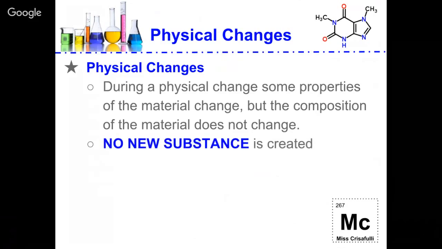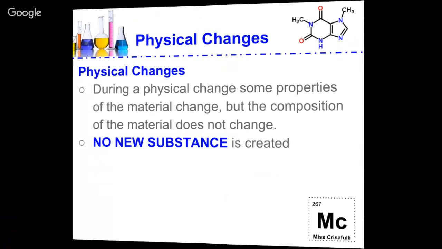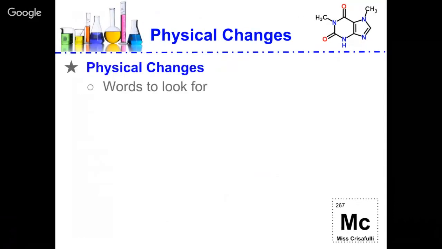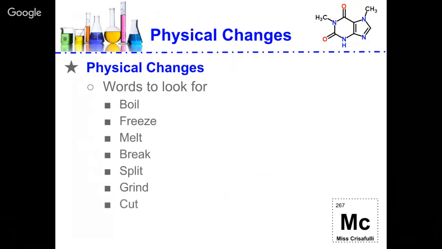So what would be considered a physical change? If you were to look for it in a problem or in a descriptor, you'd look for words like boil, freeze, melt, break, split, grind, cut, and crush. All of those words describe changes that you would do to matter that would not change the identity of the matter.